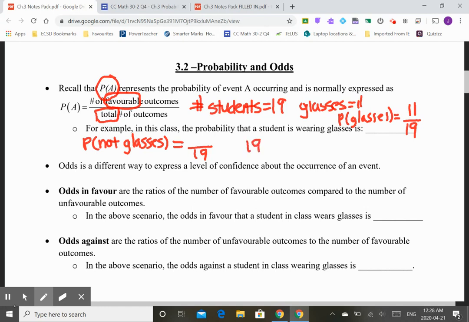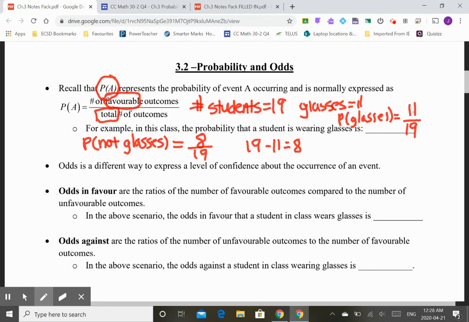Well, there's 19 total students. 11 of them are wearing glasses, which means 8 of them are not. So our probability here becomes 8 out of 19. The probability of wearing glasses was 11 out of 19. The probability of not wearing glasses was 8 out of 19.